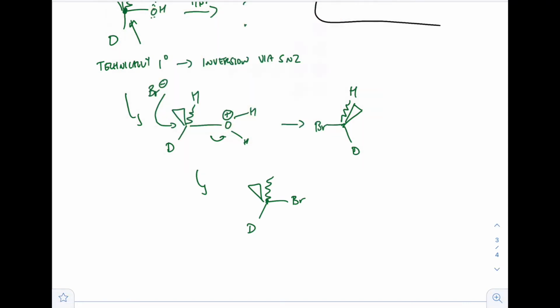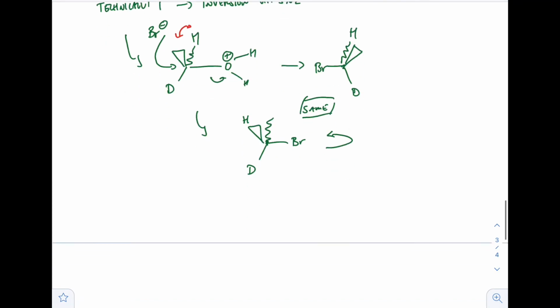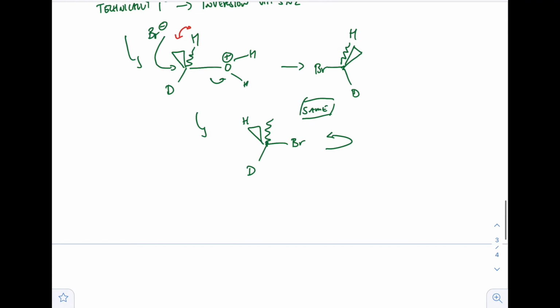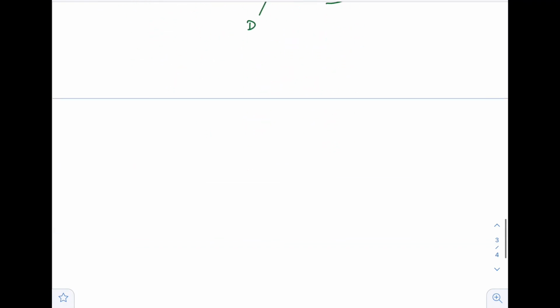Notice it's the same orientation as the original molecule. We just substituted the bromine for the OH. But what you do is swap the wedge and the dash substituent. So instead of the hydrogen being a dash, it's on the wedge, and instead of the methyl being on the wedge, it's on the dash. They are the same molecule. You just have to rotate them and flip them 180 degrees, and they are the same. I encourage you to check that out to prove to yourself with a modeling kit or just on paper.